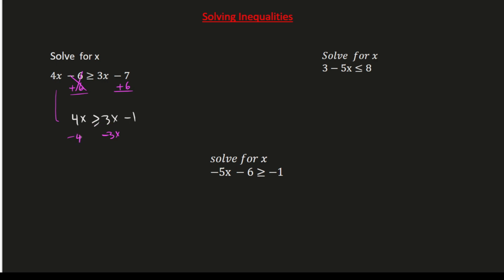So we get the same thing here, which is minus 3x. Okay? And let's subtract. We get 4x minus 3x is x.